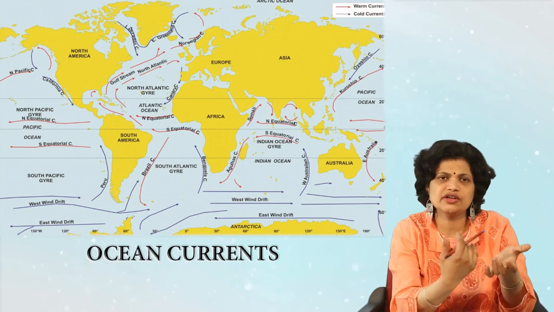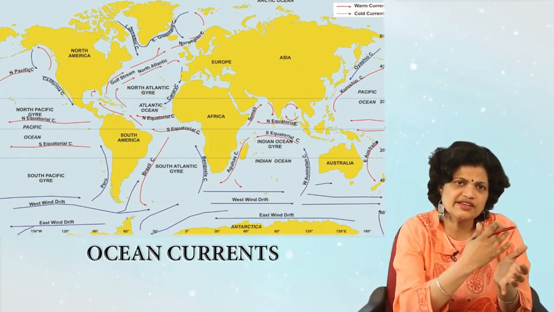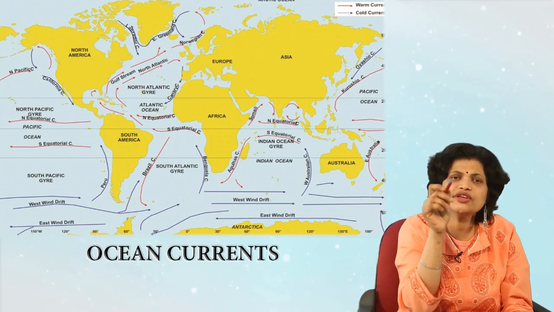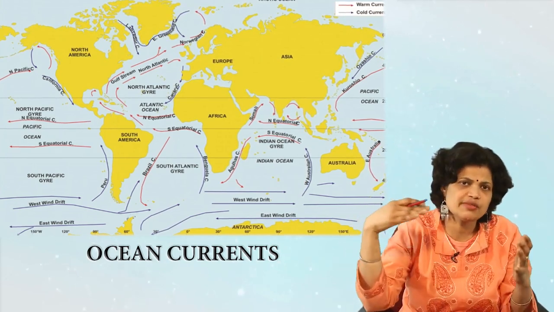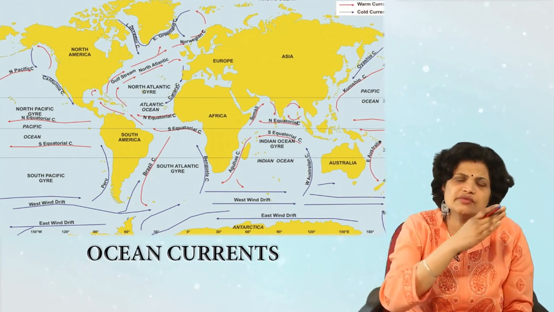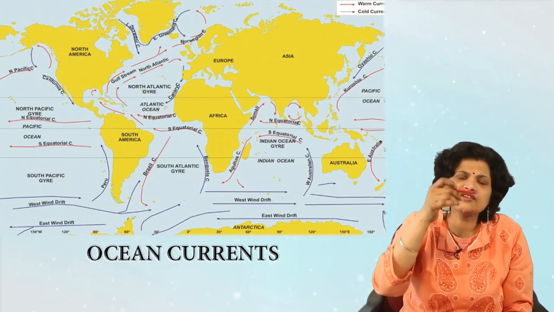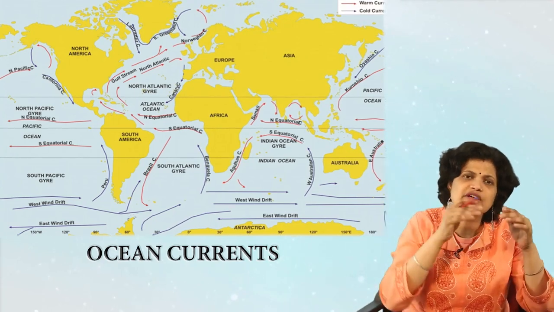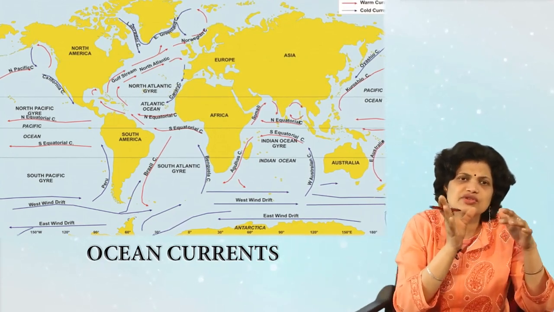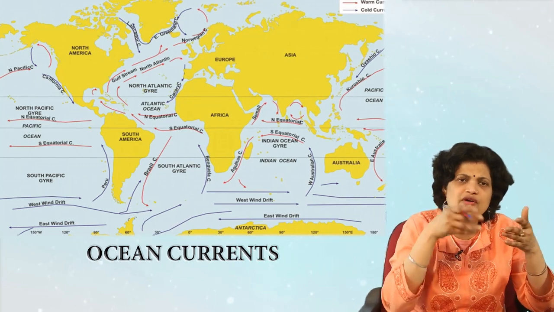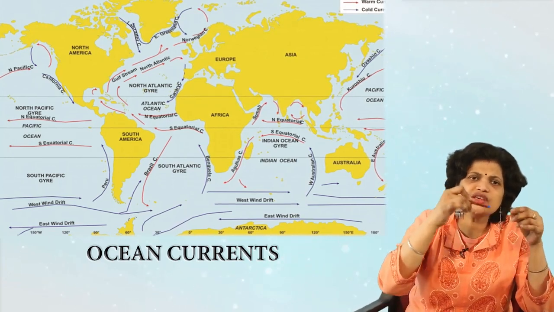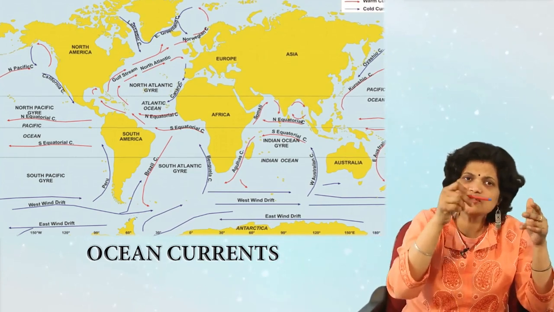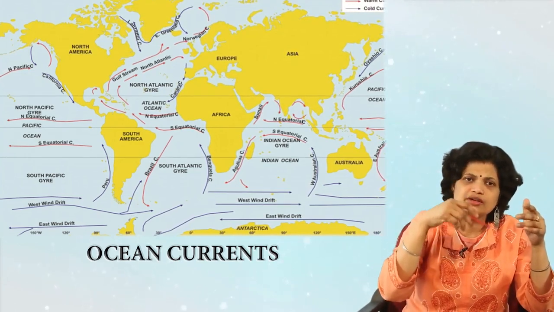Under the action of this Coriolis effect, when the north equatorial warm current reaches the Brazilian coast, it turns northwards and comes as the Gulf Stream along the eastern coast of North America, along Florida and so on. You see it gets deflected to the right, and it also follows the coastal topography.